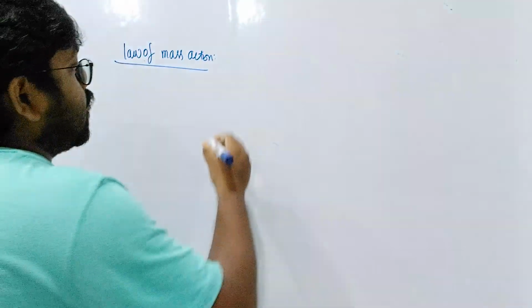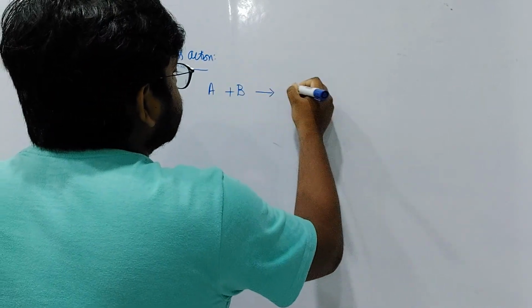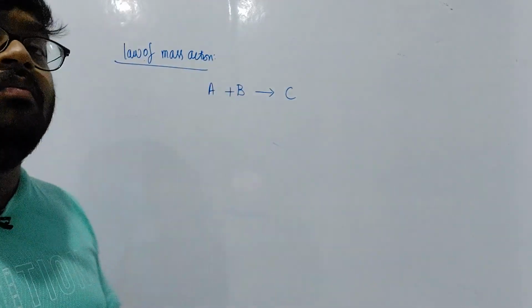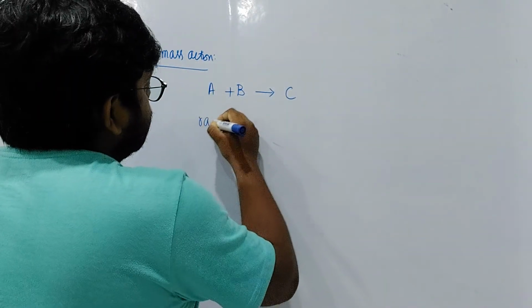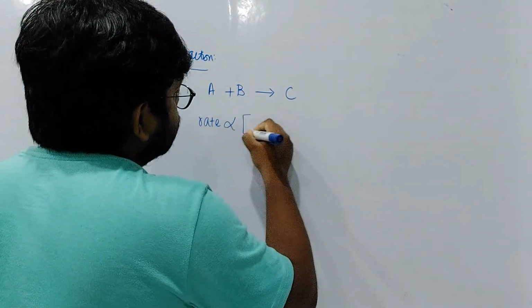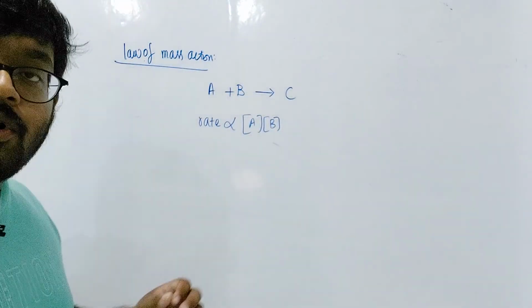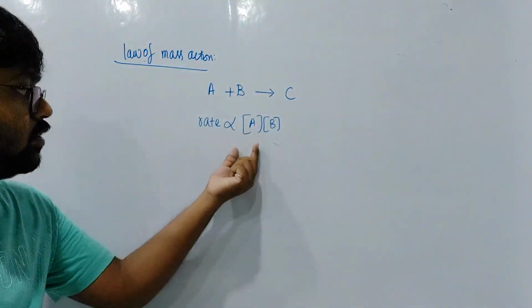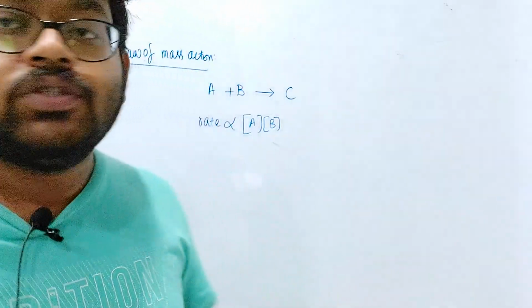We need to take the stoichiometry as the power of the concentration term. For example, this is the chemical reaction A plus B giving us some product C. Now what does the mass action principle say? It says that the rate of a chemical reaction is directly proportional to the product of the concentration of A and B. See, the square brackets I have used are used to write the concentration.